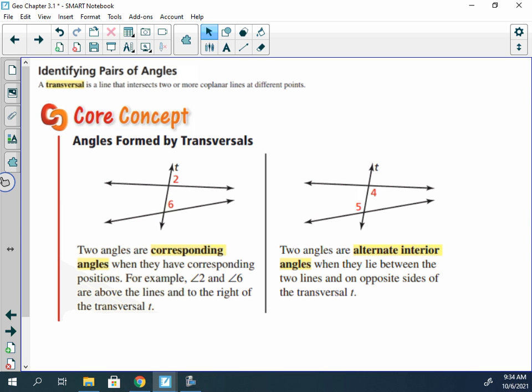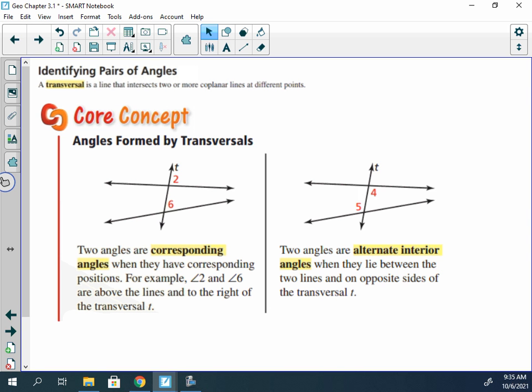Alternate interior angles. Well, alternate means what? Opposite, because we alternate, we're flipping something. And interior means inside, because alternate interior means that they are on opposite sides, they're opposite and inside. Alternate interior angles are opposite sides of the transversal in between the two lines.